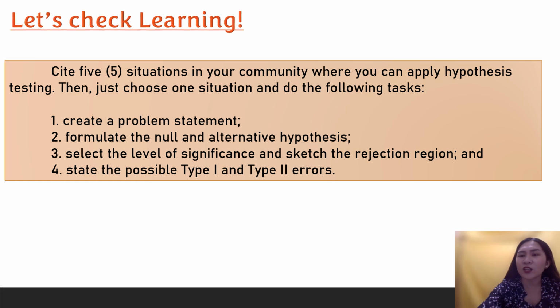Now, if you belong to a certain area or even to a certain indigenous tribe or group, then you may cite examples that are relatable to you. Now, I will give you one example. Possible situations could be: an Islam female student shares her experience of being married when she was still 13 years old.